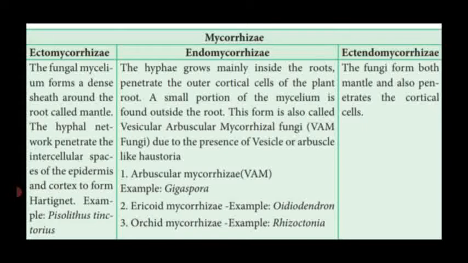After that, the hyphae of the fungal network penetrate into the intercellular spaces of the epidermis and the cortex to form a net-like structure called a Hartig net. What is a Hartig net is an important 2-mark question. The hyphal network penetrates into the epidermis and cortical region, forming the net-like structure known as the Hartig net.